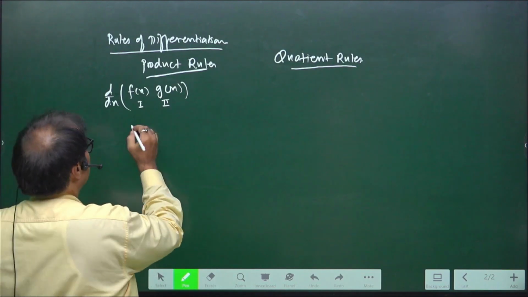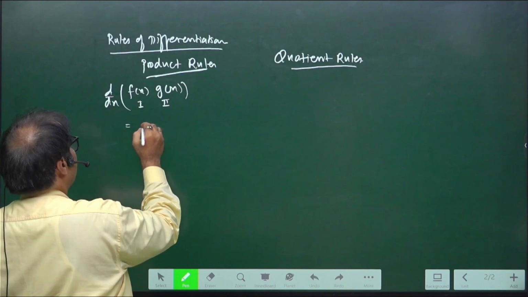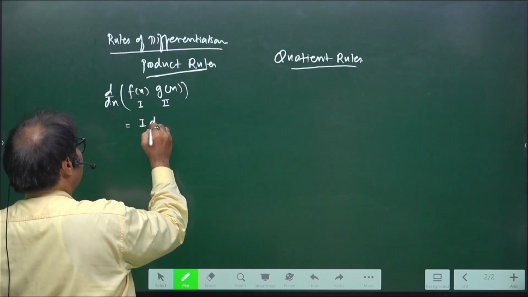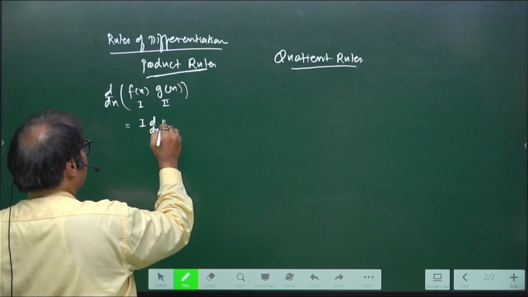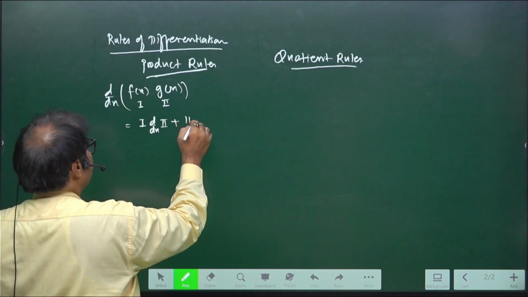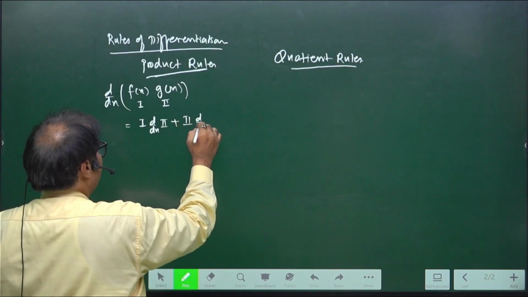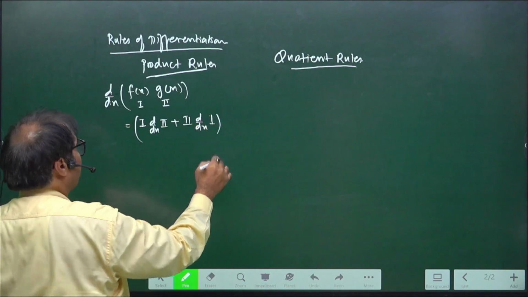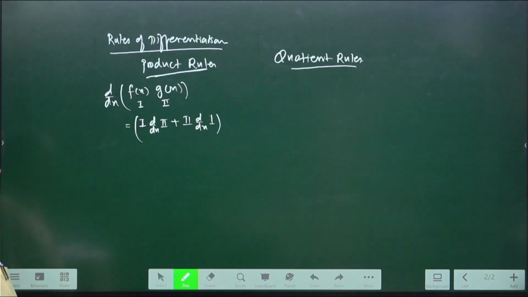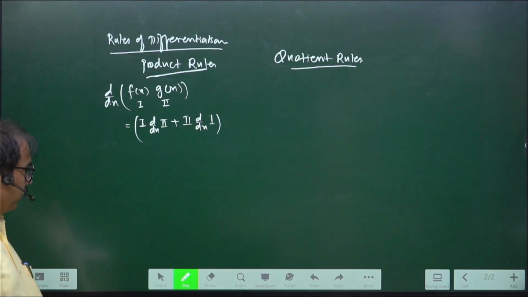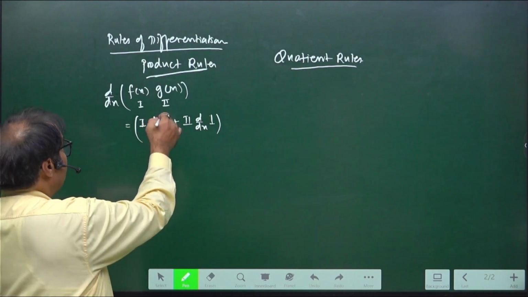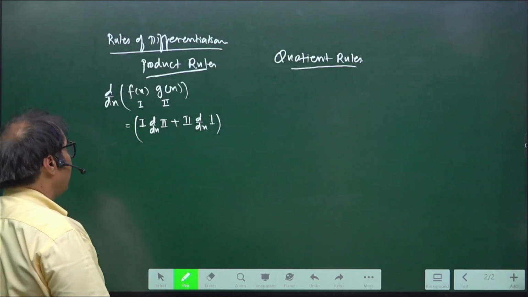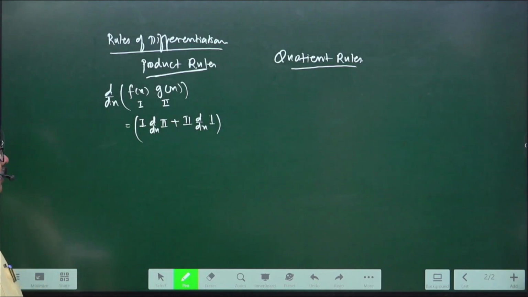The product rule says: first into derivative of second, plus second into derivative of first.